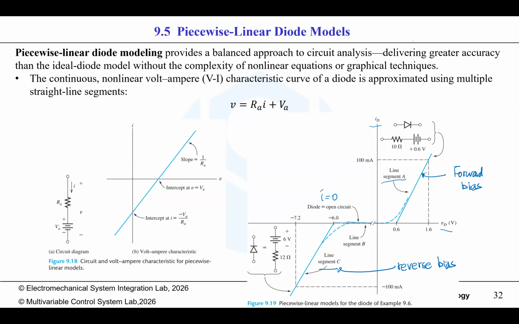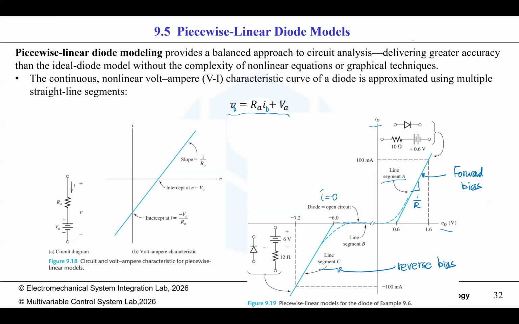For this line, the slope is 1 over R. The line function is VD equals RA times ID plus VA. So how do we find RA and VA? Because we need to find the equation of this line.